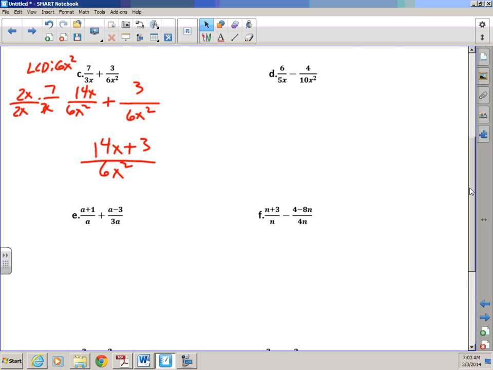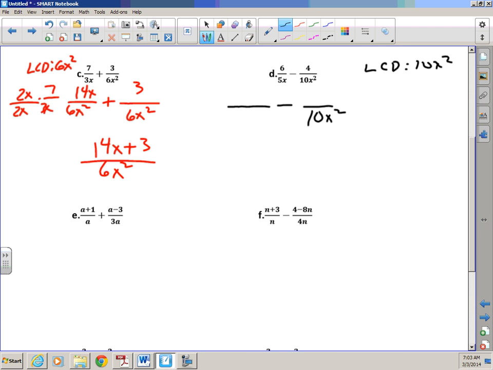Remember, you can't cancel pieces, so the x and the x squared do not cancel. The 6 and the 14 don't cancel because it's got to divide into the 14 and the 3, which I can't do because they all don't have a common factor. Okay? This one, my LCD is 10x squared. So that stays. This has to become 10x squared. How do I do that?